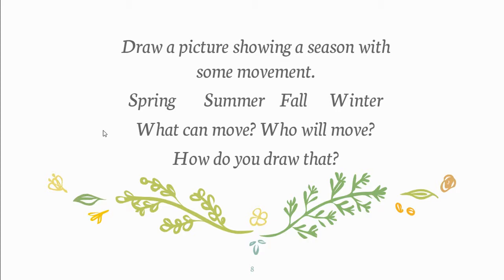They would sink. So they need to have their arms and legs moving to show that they're swimming. And then, if you're going to do winter, how do you show someone throwing a snowball? You bend their arms and make it look like they're throwing the snowball. How do you draw that?